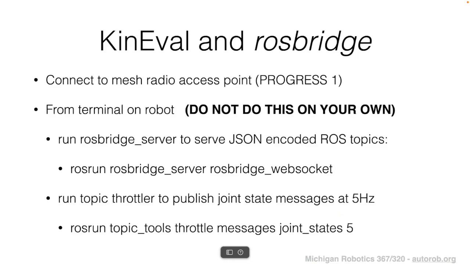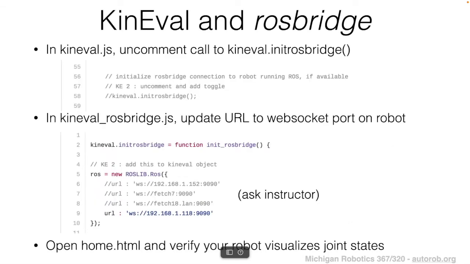At a high level, the way it's going to work is we'll connect your Kineval stencil to the robot by the robot's local network, and we'll run ROSBridge locally from within your browser, and there will also be a server running on the robot. There will be a little bit of code within your Kineval stencil, shown here, which you will comment out or uncomment. That will allow the browser to begin communicating with the Fetch.